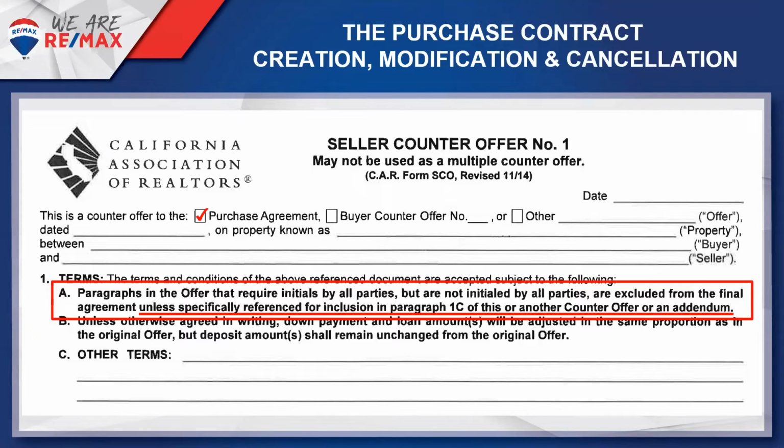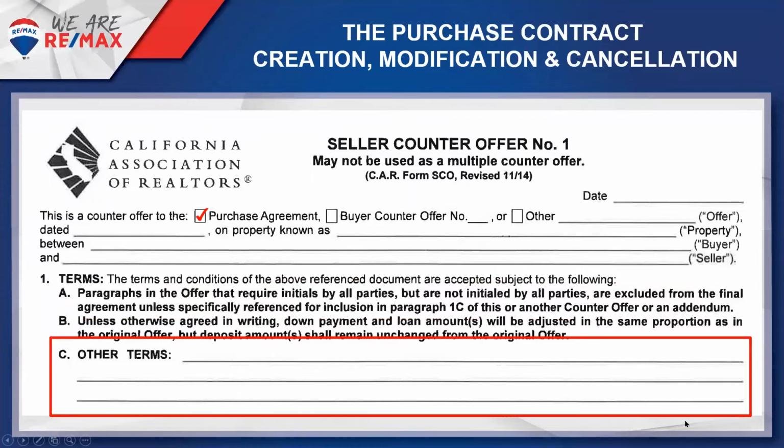You could either return the offer and ask the seller to initial that as a part of your counter, or you could write in the counter, buyer agrees to the provision of liquidated damages and agrees to initial the document. So you can incorporate it, but if it's not initialed, liquidated damages and arbitration, they require initials. Mediation does not require initials. It's automatically part of the contract. Without both parties initialing, it's not in the contract.